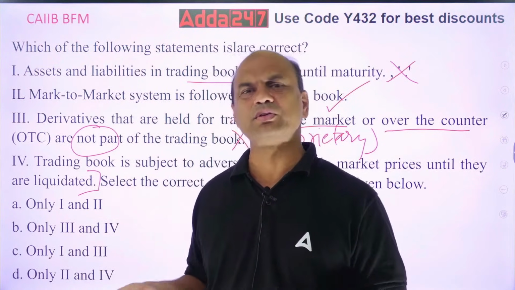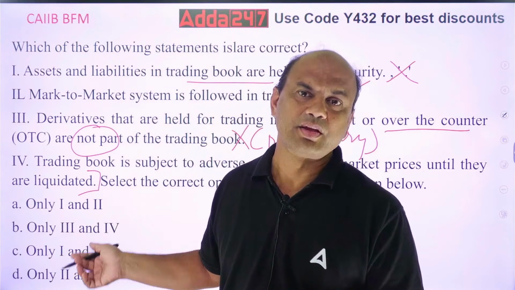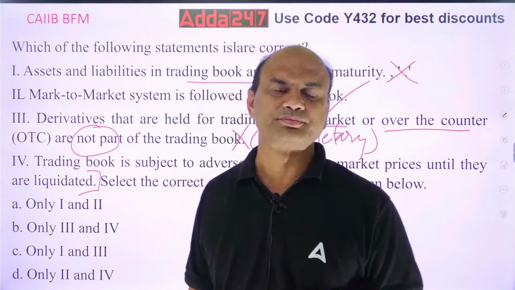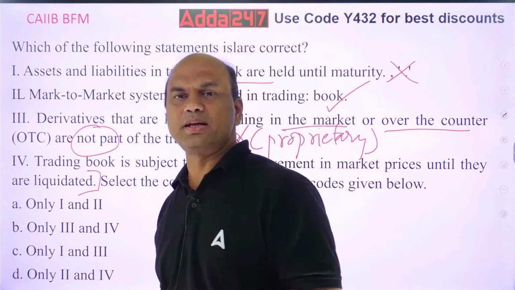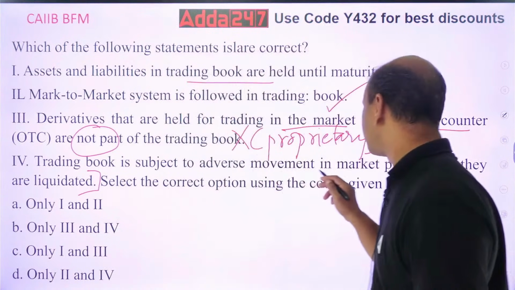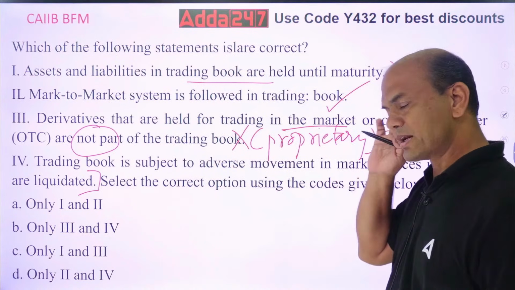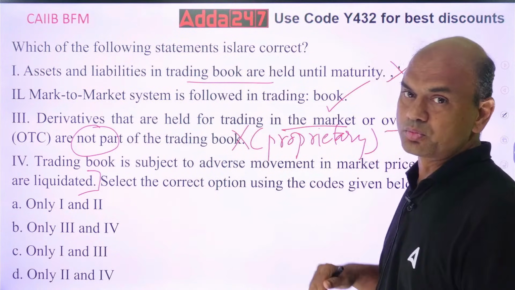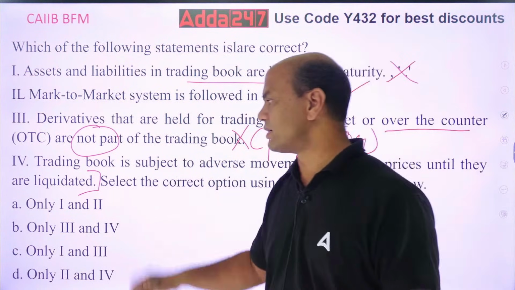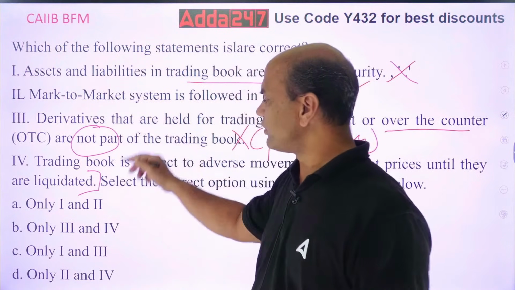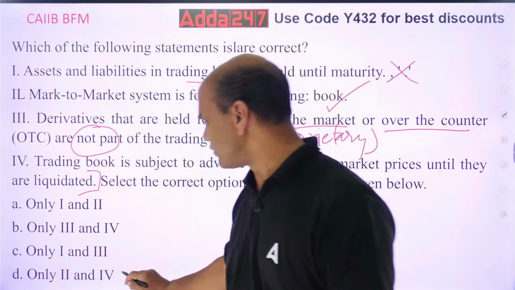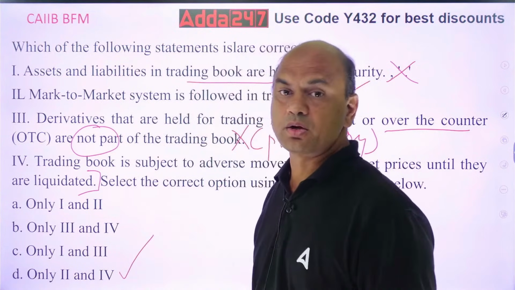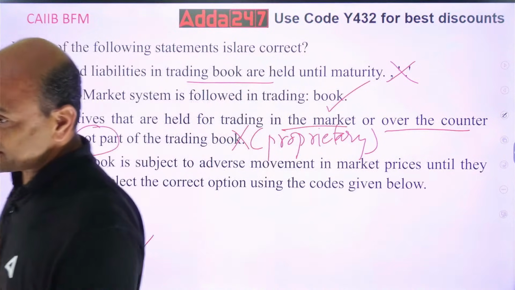You will not, because you have already sold the share. That is known as liquidation. So it is always subject to market movements or market prices as long as you have not liquidated it. So 2 and 4 is the correct option. 2 and 4.